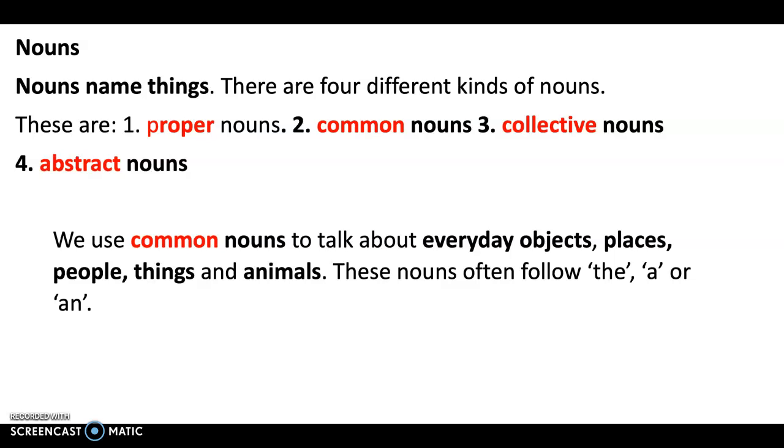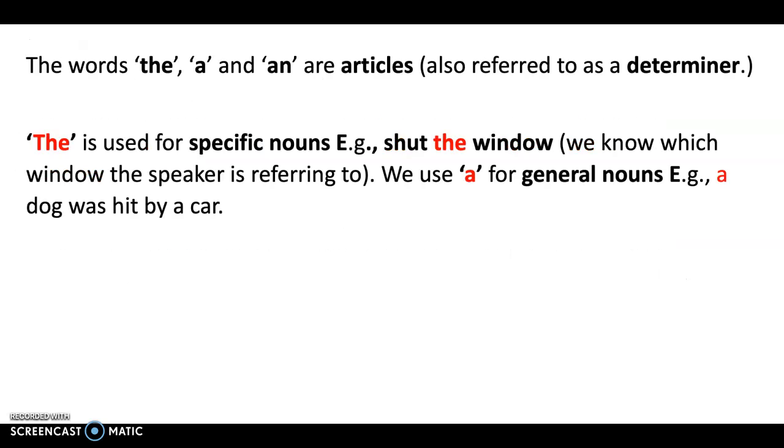These nouns often follow the, a, or an. These are what we call articles or determiners. If you can put one of these in front of a noun, you'll know it's a noun. For example, the car, a shop. We know then that car and shop are actually nouns.